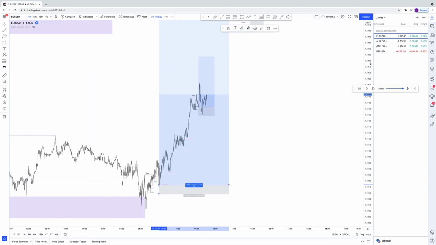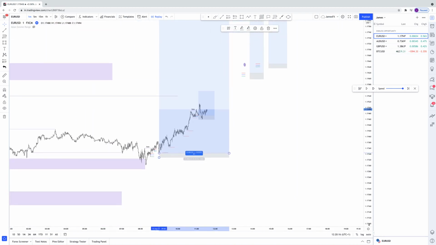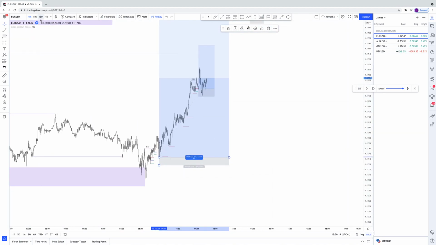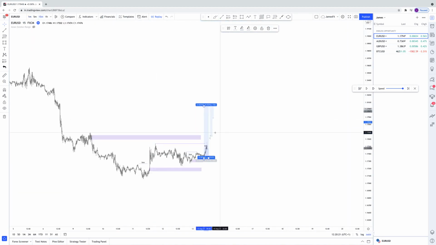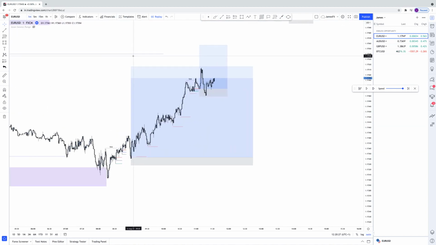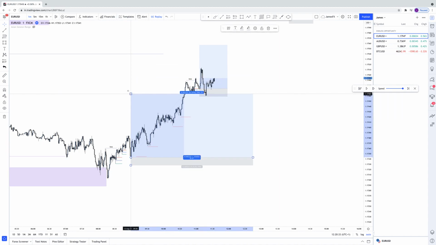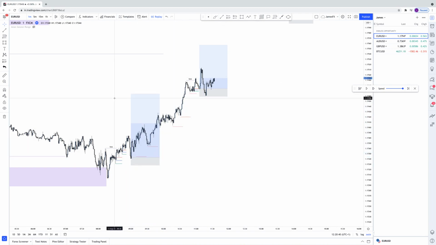Okay, so if I just zoom out a little bit, go to the 15, bring this down, yeah, it's likely that I would have been taken out of this trade for around 8%, just a bit above. Let's just move that out of the way and continue on with price.